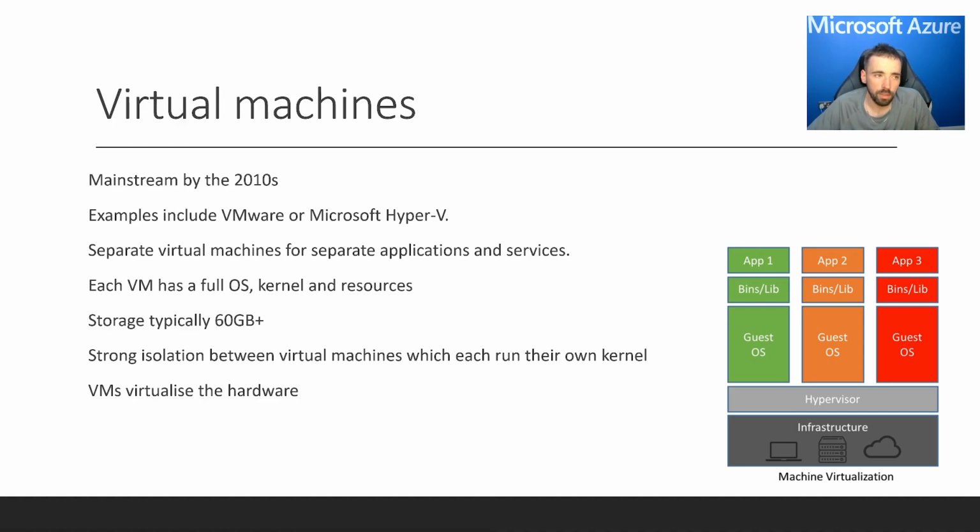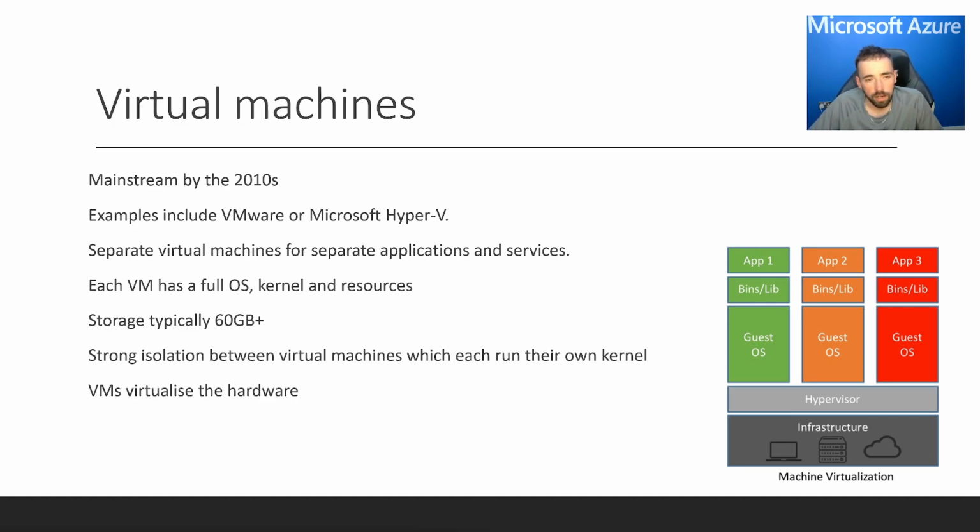Some example companies or products that provided virtualization were VMware and Microsoft Hyper-V. VMware was the market leader in virtualization and the most popular with a lot of businesses. They provided the free virtualization software hypervisor called VMware ESXi. They then had more advanced virtualization technologies on top of that.